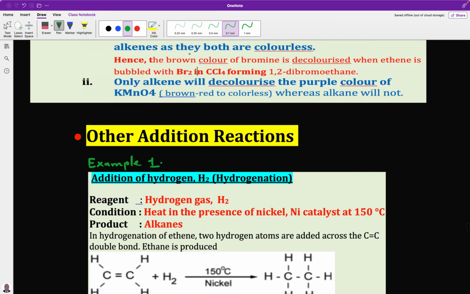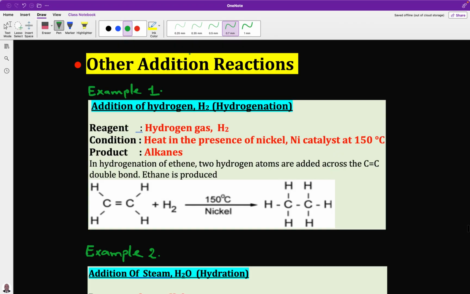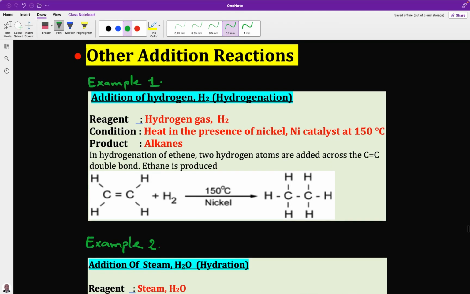Again, there are other addition reactions of alkenes. Another example of an addition reaction of alkenes is the addition of hydrogen, hydrogenation. We have hydrogen as the reagent. The condition is we will have to heat in the presence of a nickel catalyst at 150 degrees Celsius. And the product that is formed there is what?